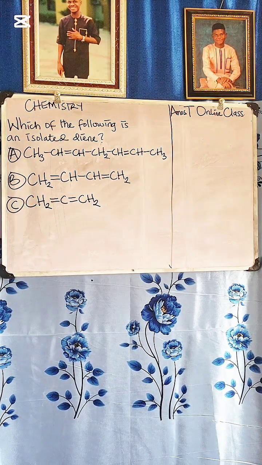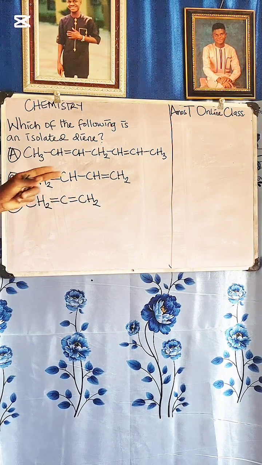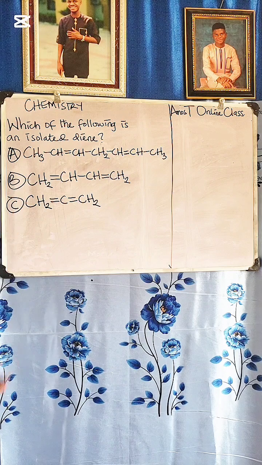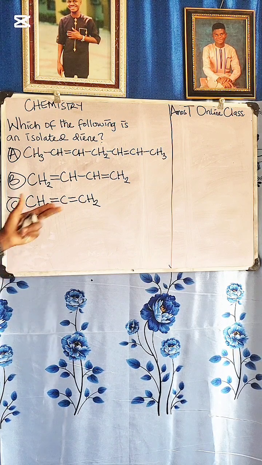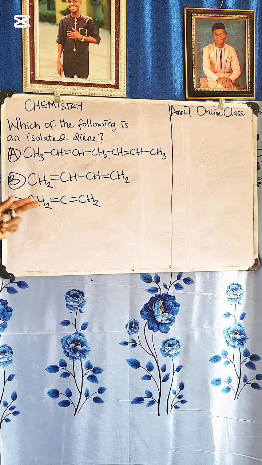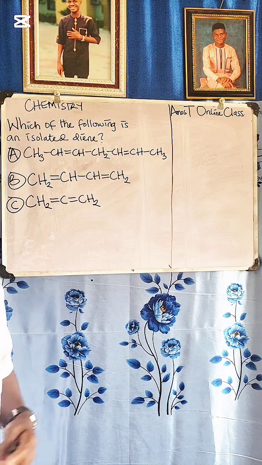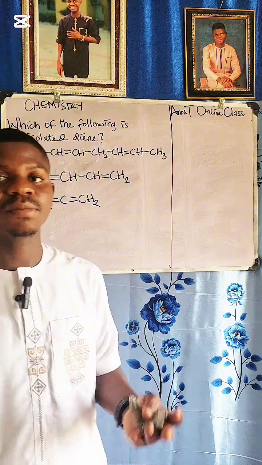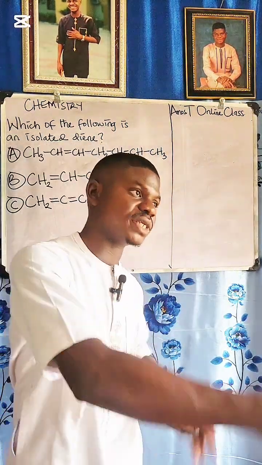We have succeeded in identifying the correct option, which is option A, an isolated diene called 2,5-heptadiene. Now let's step into option B to identify which type of diene is present. We have identified isolated dienes, so we're left with conjugated and cumulated dienes. In conjugated dienes, the double bonds alternate in position: a double bond comes, a single bond goes, a double bond comes.